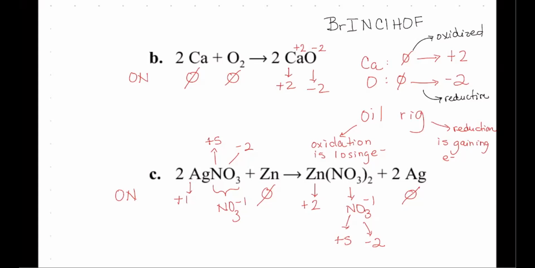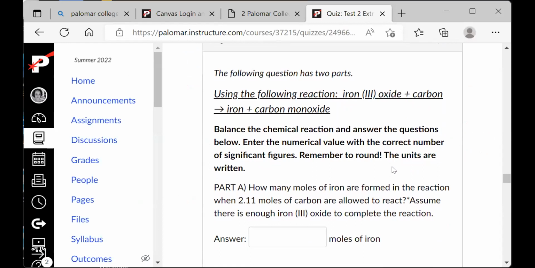You also have a question like that in the extra credit, and you need to know how to do these problems in the exam. Dr. Luz gave me a chemical reaction. I need to balance that chemical reaction, and then I need to do math on it.